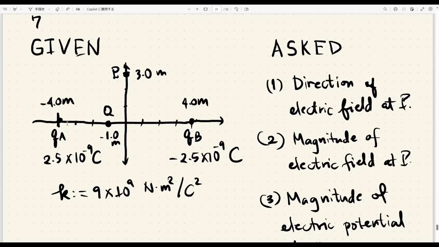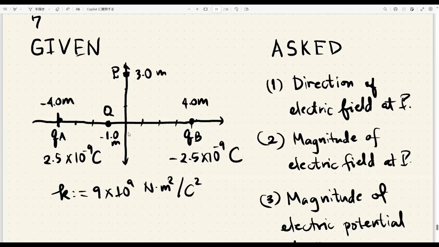The setup has 2 charges, QA and QB, and they are of equal magnitude, but QA is positive and QB is negative. They are the same distance from the center. So this is QA, and the center is 4 meters away, and QB is also 4 meters away from the center.